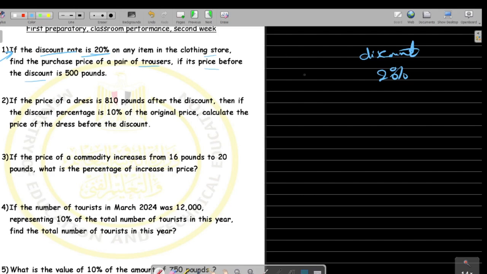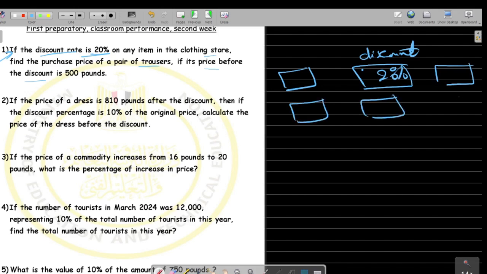Look, you have to put 6 boxes to know how to solve this question. First, you have to put the original price.